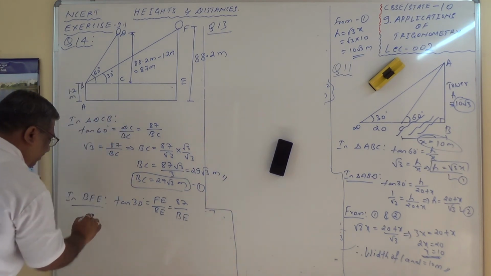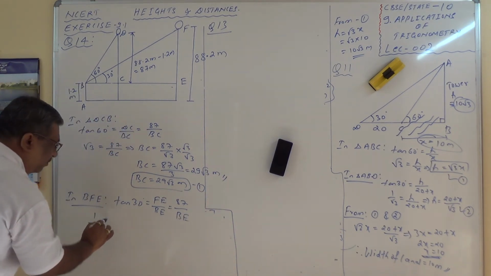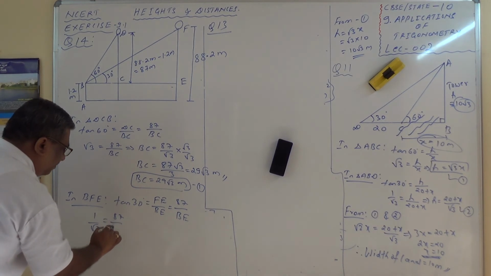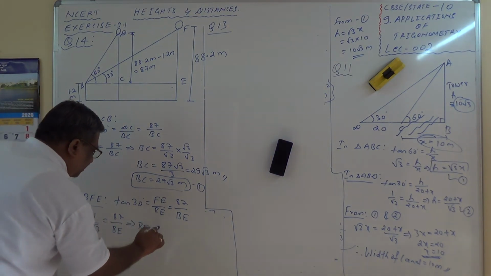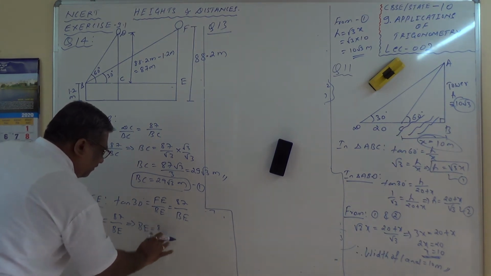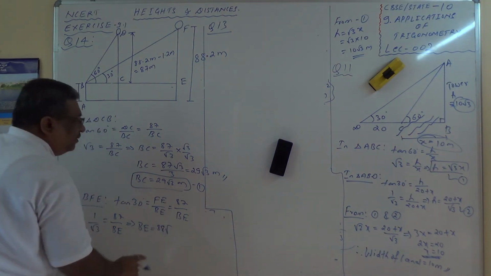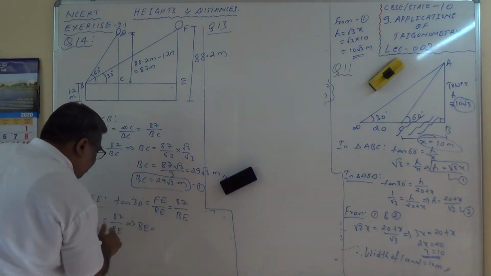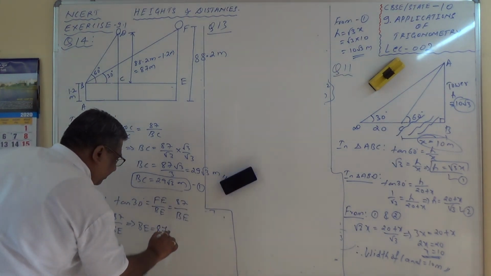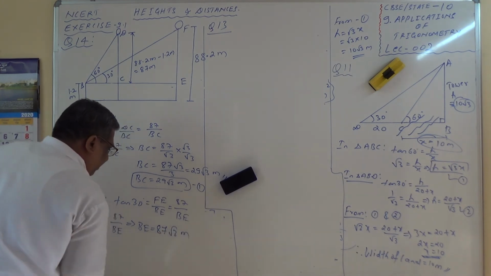What is tan 30? 1 by root 3. 1 by root 3 equals 87 by BE, implies BE equals 87 root 3 meter.